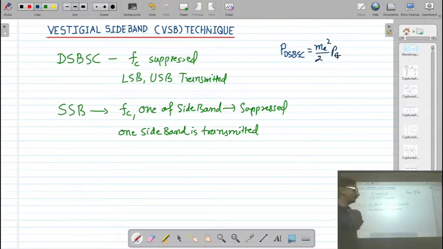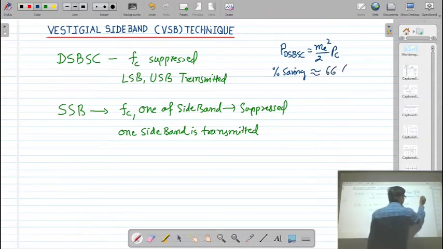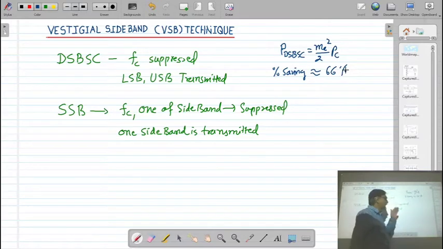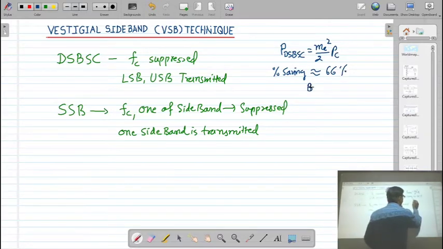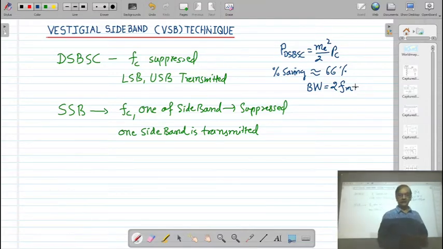If you calculate the saving of the power, then it is approximately 66%, because 2/3 of the power is carried by the carrier wave, and the carrier wave is not going to be transmitted, meaning 2/3 of the power is going to be saved, and that is the 66%. If we calculate the bandwidth of the system, then this bandwidth is 2 FM. So here there is no change in the bandwidth. You require the larger bandwidth.